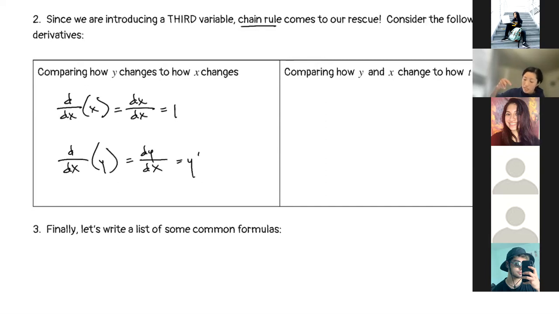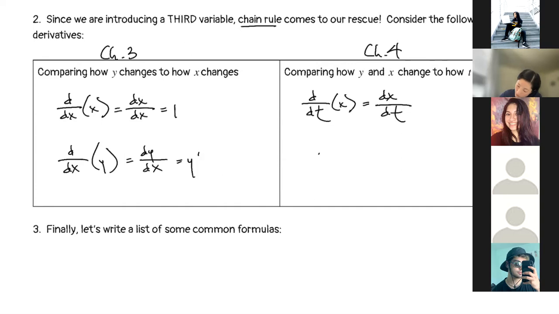So this was chapter 3. But in chapter 4, occasionally, when we're looking at how things change with time, the bottom here becomes a t. And so this becomes dx/dt.